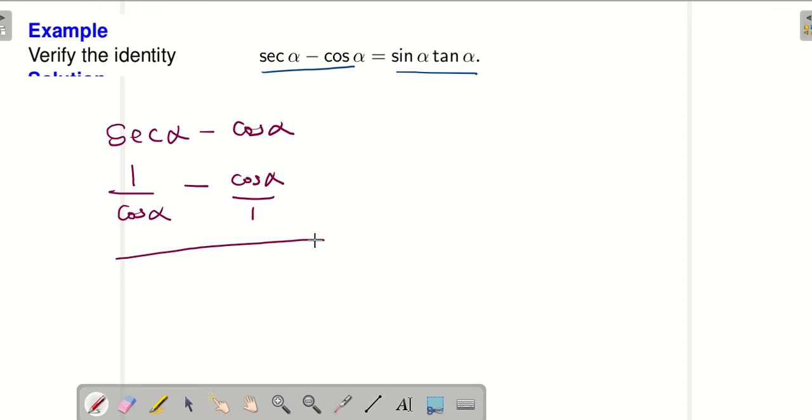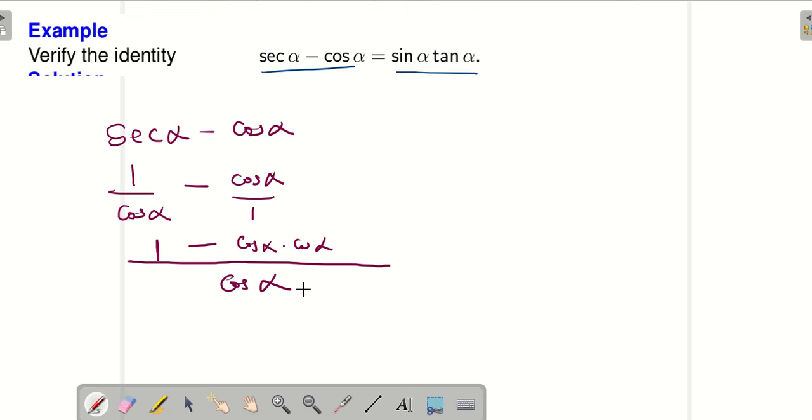Now, we can find our LCM. LCM is cos alpha. When you factorize cos alpha, you have 1. Then minus, when you factorize out, you still get cos alpha times cos alpha.